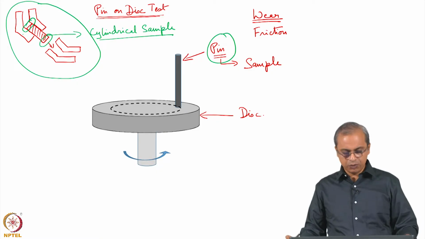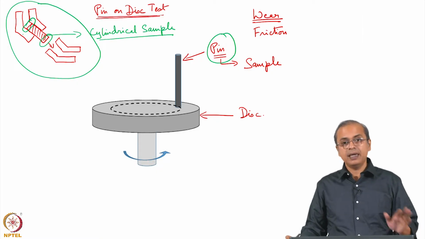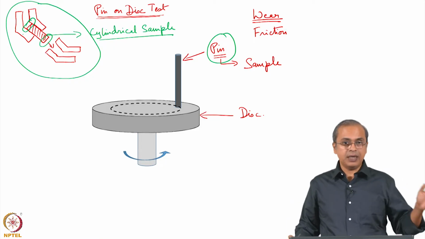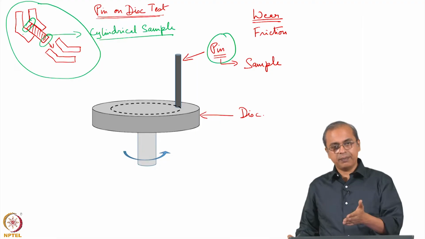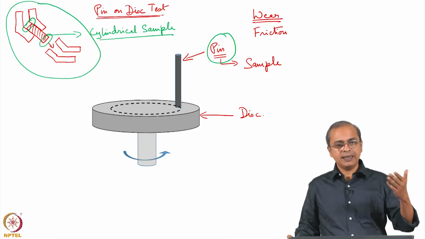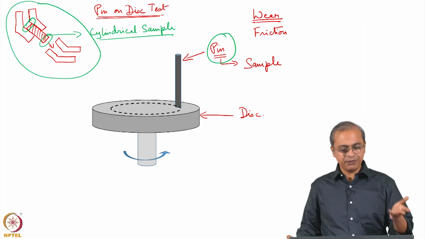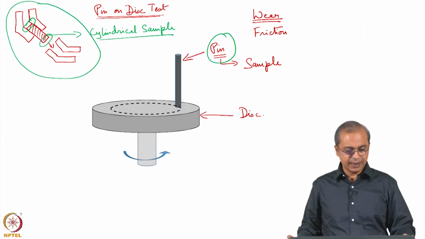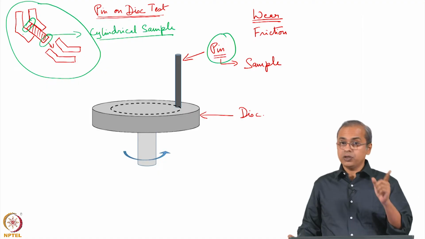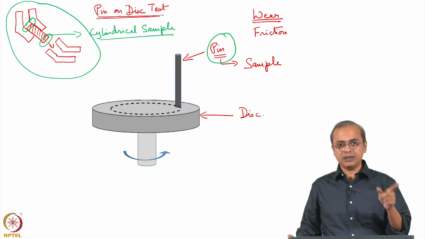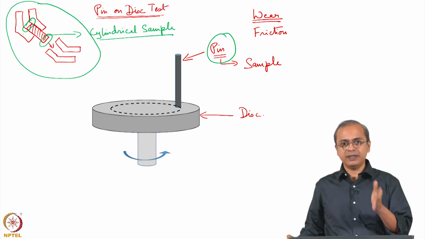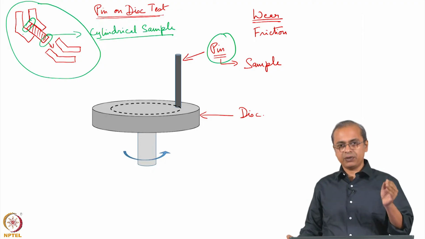So, you may have to remove the two ends, but generally you are going to get a pin, and that pin you can get in nanocrystalline, microcrystalline or macrocrystalline form from some commercial entity, and then you can subject it to severe plastic deformation such as equal channel angular extrusion, and the same pin you can now get in nanocrystalline form. So, you can get the same sample in microcrystalline or macrocrystalline and nanocrystalline form, and that is basically what we are always interested in if we want to study the effect of the nanoscale.